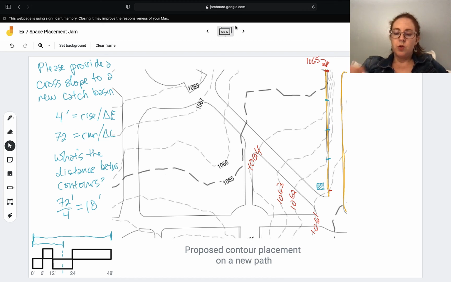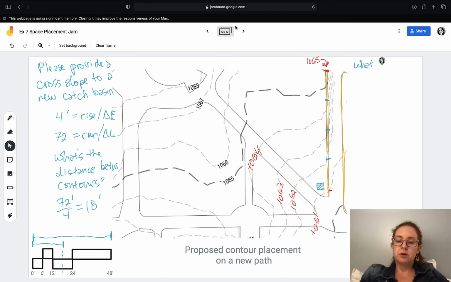Now, quick question before I commit to this is I want to know what that slope actually is. So let's do this as a calculation. So what is that slope? So now I go back to my rise and my run, which I have over here on the left side of my page. So my slope is equal to 4 feet over 72 feet.